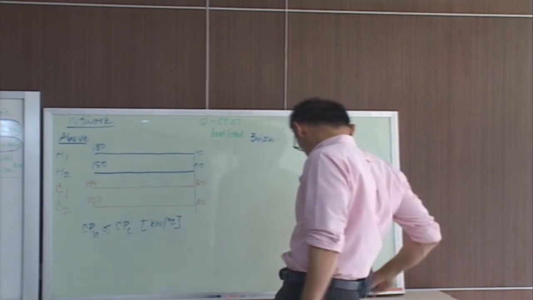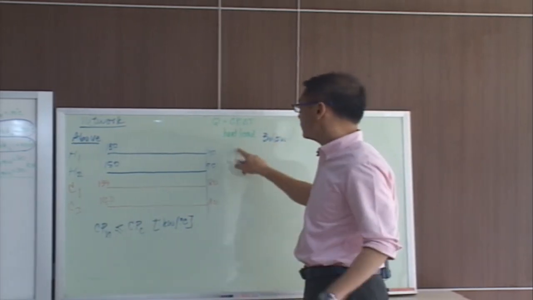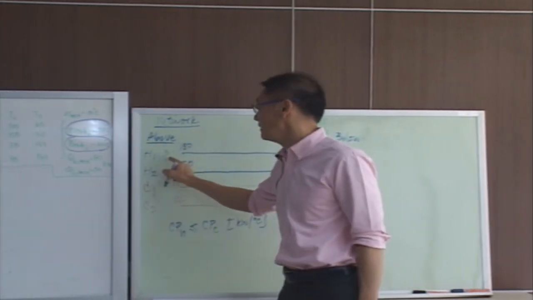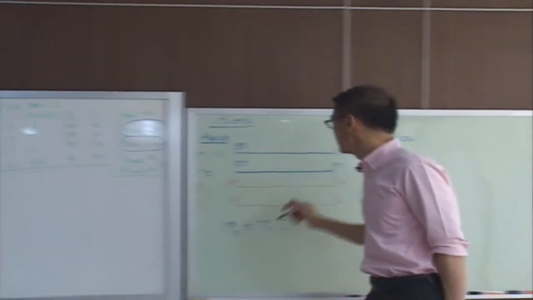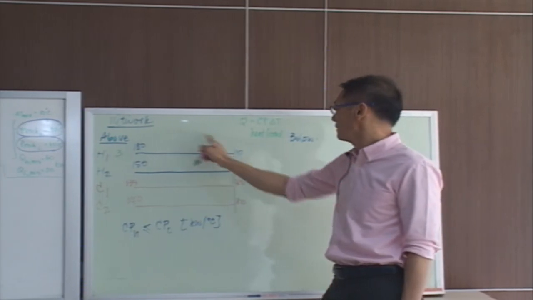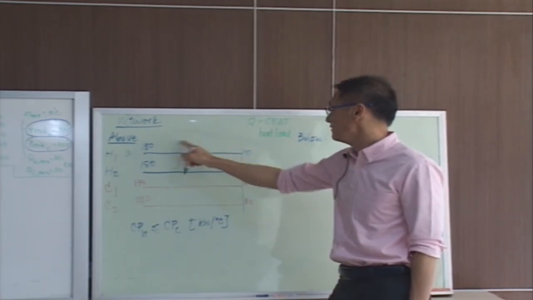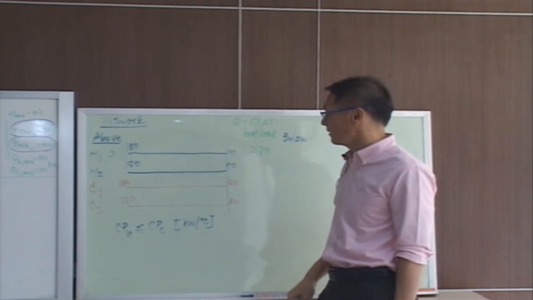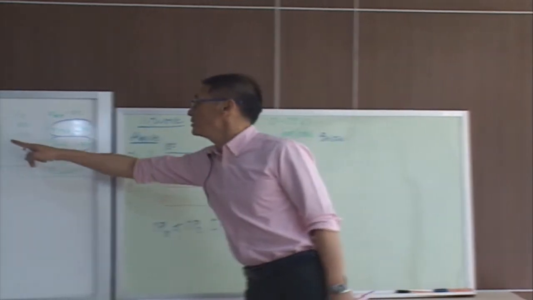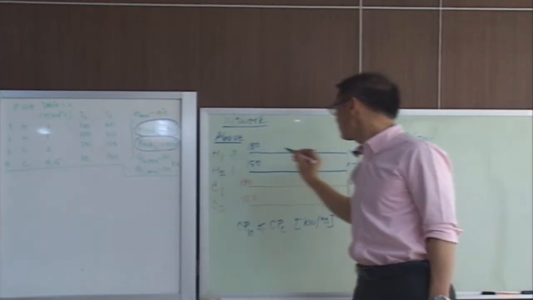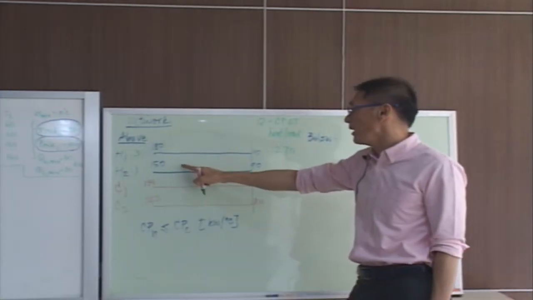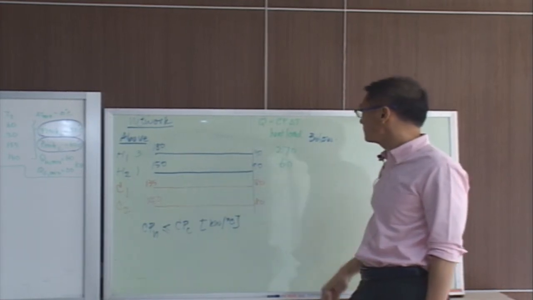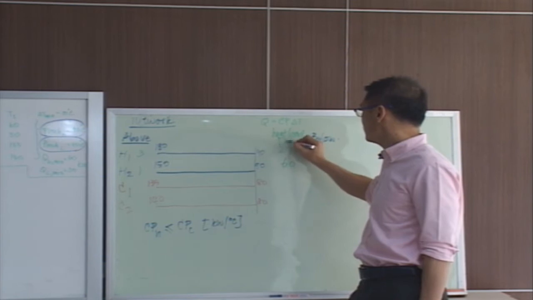So what we have here, the heat load for the first stream is equal to 3 as Cp, multiplied with the temperature difference here, which is 90, so it becomes 270. The Cp for H2 is 1. So 1 multiplied with 60 is 60 here. The unit is kilowatt, of course.